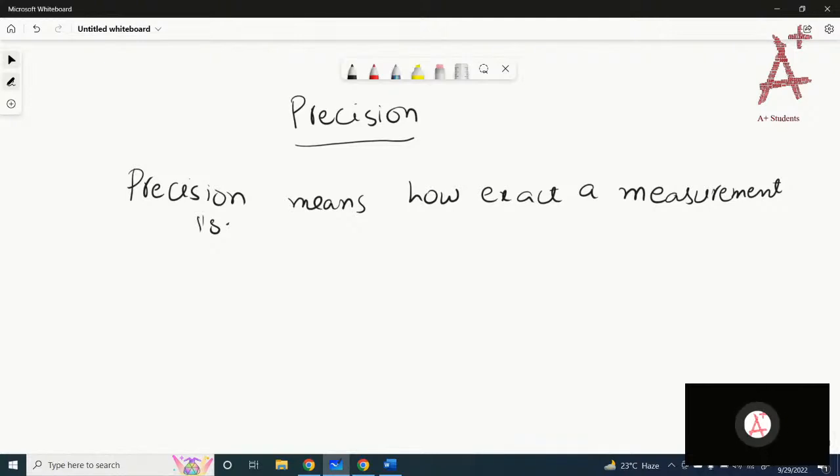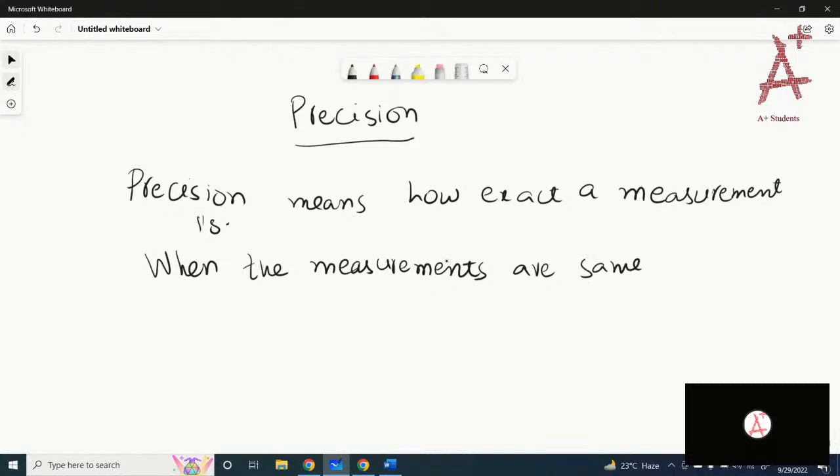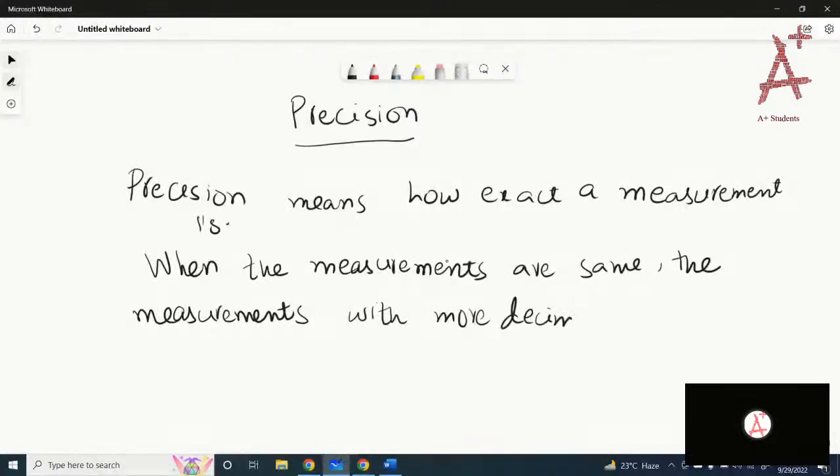So when the units are the same, the measurement with more decimal places is more precise. Note down the definitions in your notebook, please.